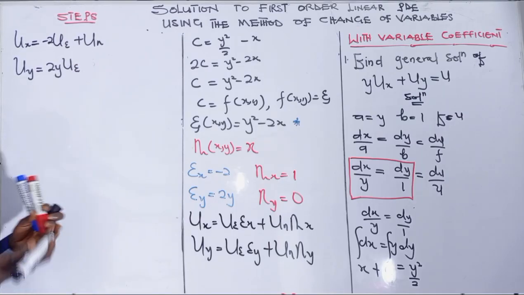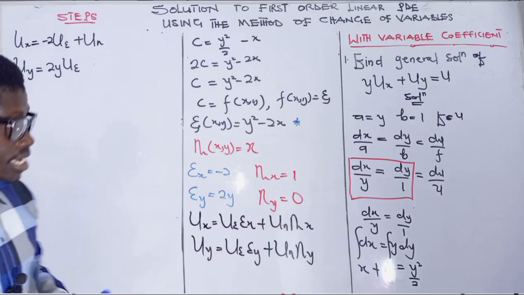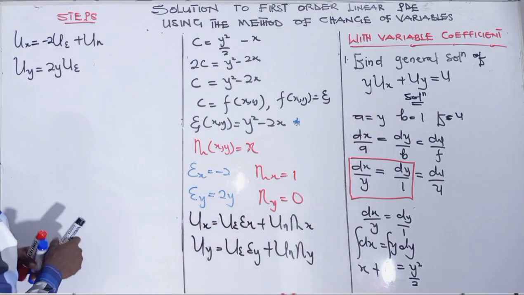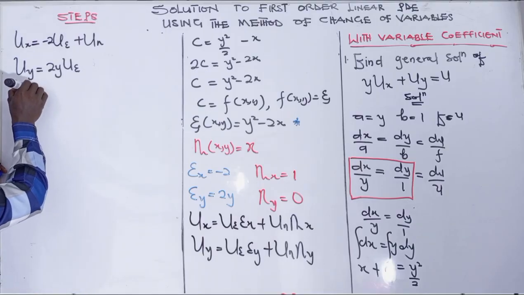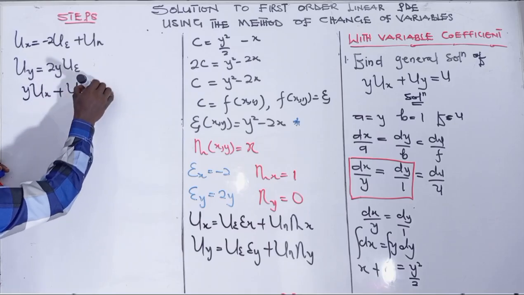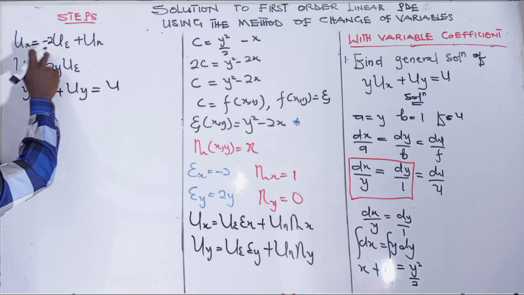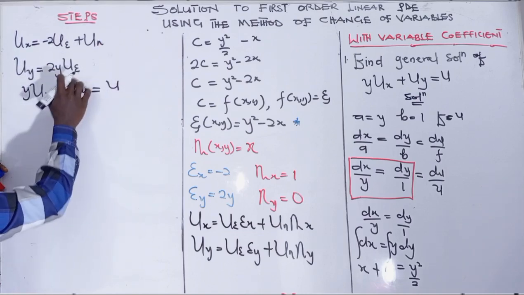So once you have this, the next step says that substitute it into the equation that was given. So we are going to substitute it into this equation. So the equation that was given is y ux plus uy is equal to u. So it means that wherever we see ux, we plug in the whole of this. Wherever we see uy, we plug in the whole of that.